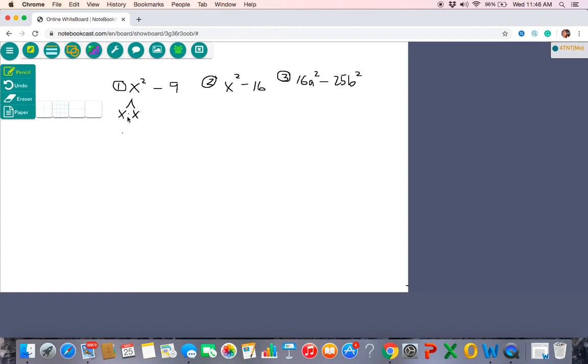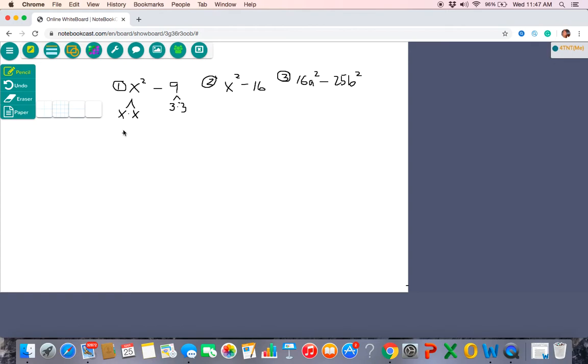What's the square root of 9? Well, that's 3, since 3 times 3 makes 9. But this isn't positive 9, it's negative 9, so one of these 3s has to be negative. I usually make the second one negative.